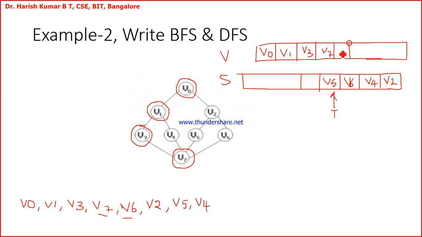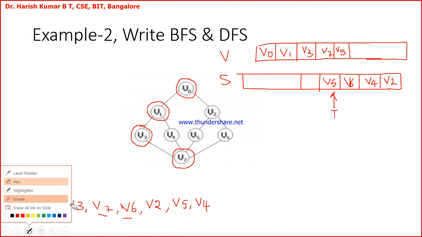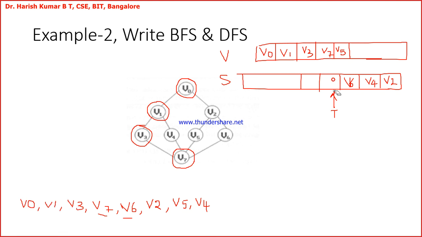Next node to visit is V5. Okay, now I got to take out V5 from the stack. Okay. Now I got to say I visited V5. So V5 is visited.